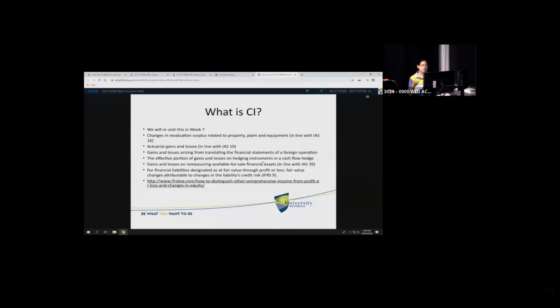And we're going to revisit the concept of comprehensive income in week 7, again, because the income statement also includes comprehensive income. Okay, so your statement of changes in equity includes comprehensive income, and your income statement shows line items of comprehensive income. So they're interrelated. So we'll look at this concept, and I'll cover these exact slides again in week 7's lecture.